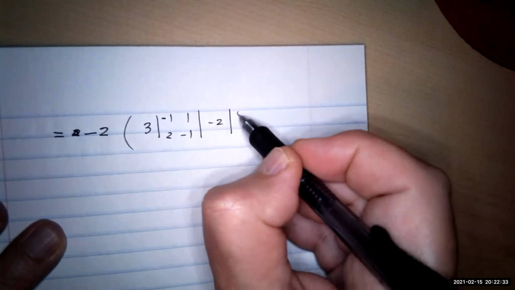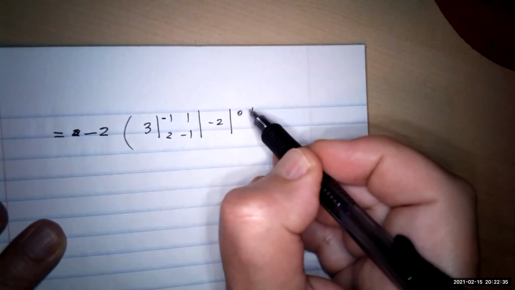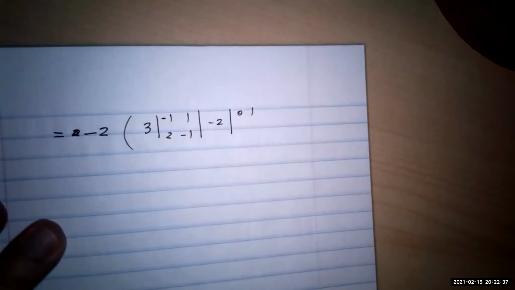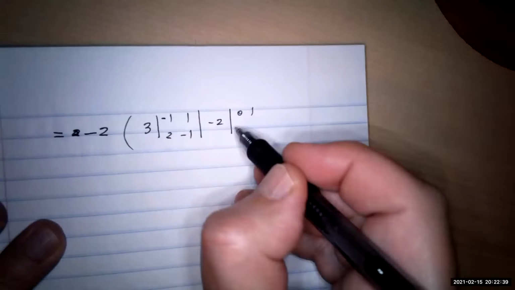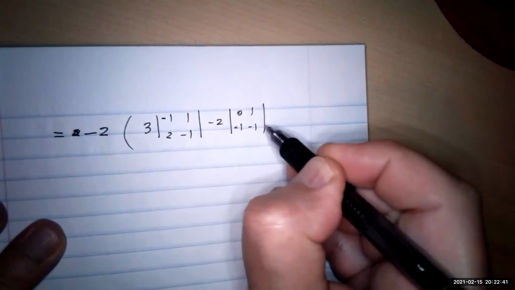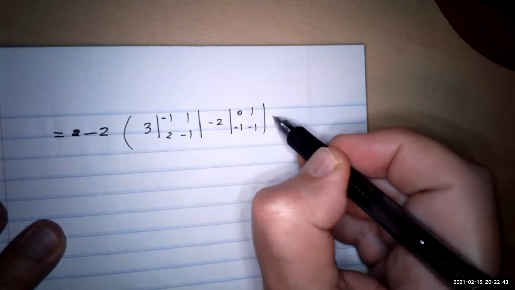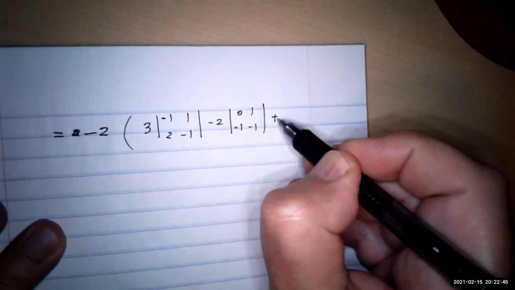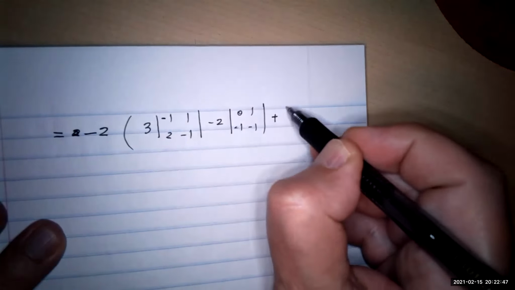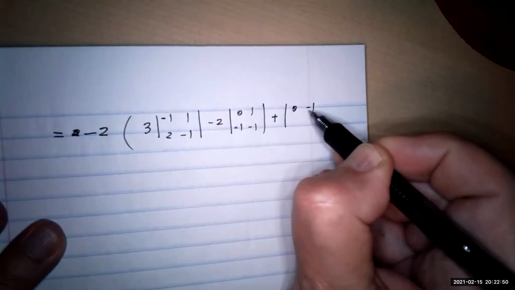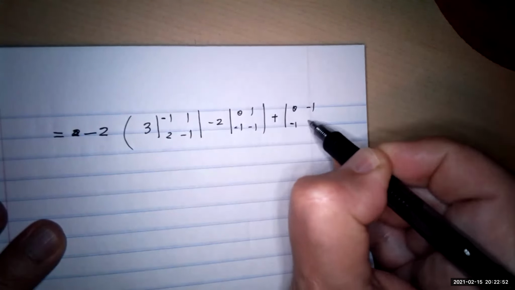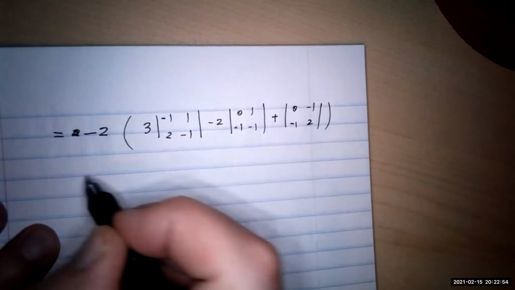That gives you 0, 1. It's a 0. That's going to be 0, 1, negative 1, negative 1. And the last part is going to be plus. And you have a 0, negative 1, negative 1, and 2. Easy to find.